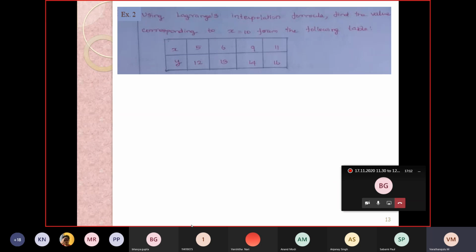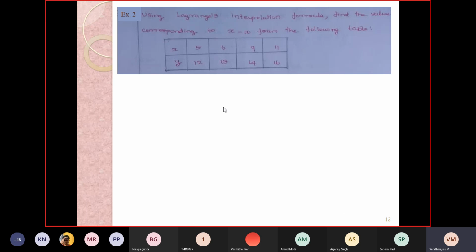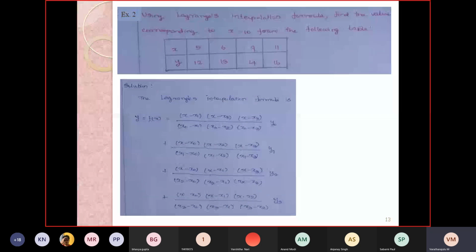If you feel that we are a little faster, then please revisit the video, pause the video and note down the step-by-step procedures. And this is the Lagrange interpolation formula. Here our n is equal to 3. You start your subscript with 0, that is x0, and x1, x2 till x3 we have data.